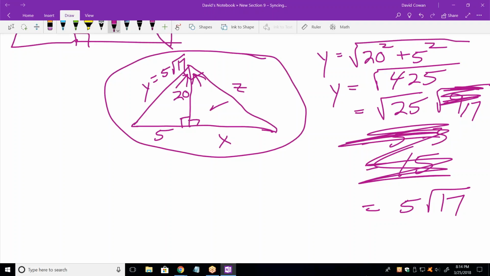What trig function is going to let me solve for that? It could be opposite over adjacent. Okay, so give me an equation. So the tangent of that angle, or maybe angle A, is equal to 5 over 20.